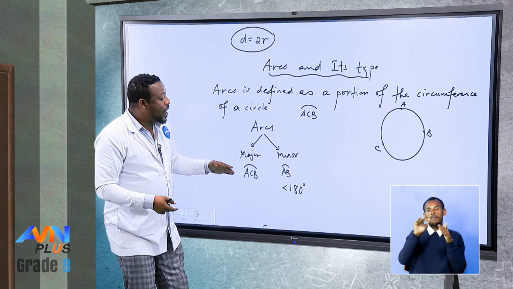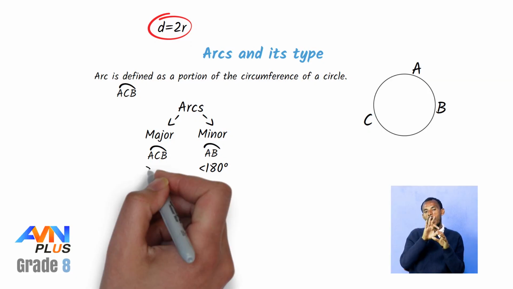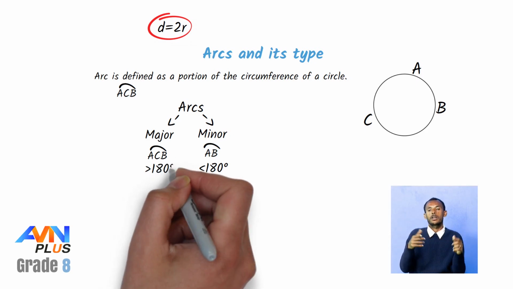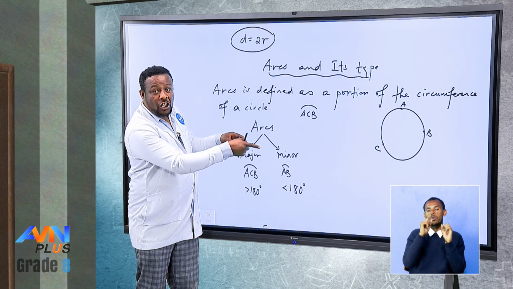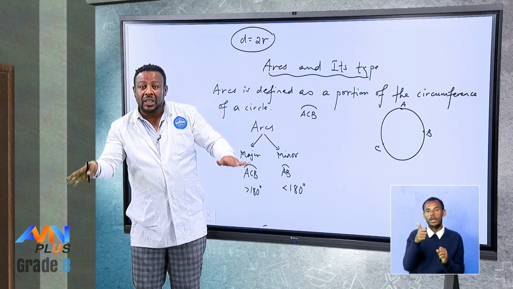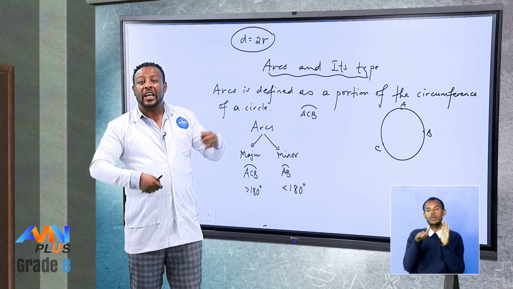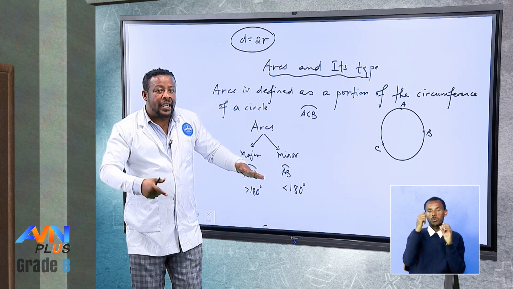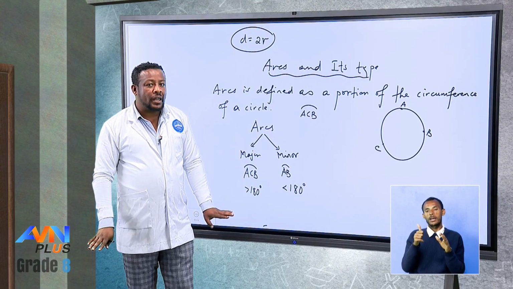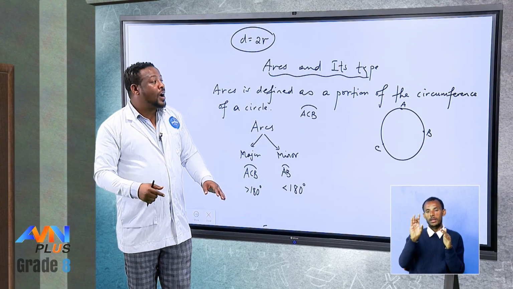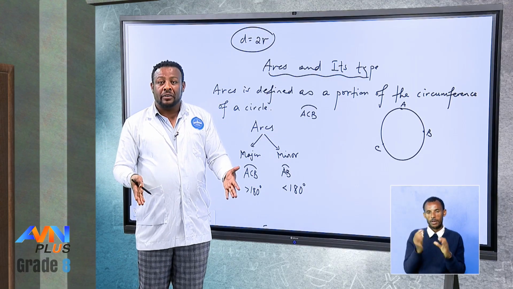And a major arc is an arc whose degree measure is greater than 180 degrees. Okay? In terms of figure, you can use this arc notation, ABC, something like that. This is also another common way of classifying arcs, right?